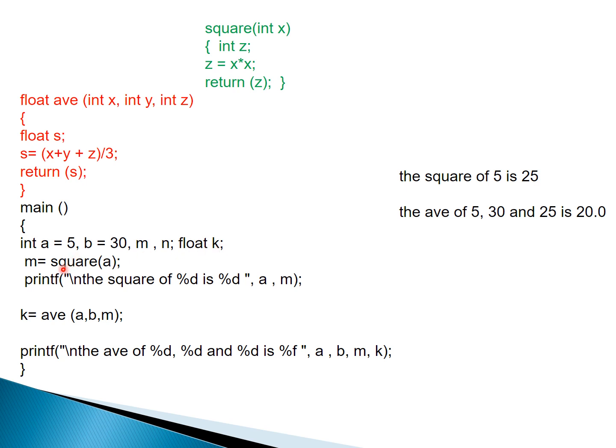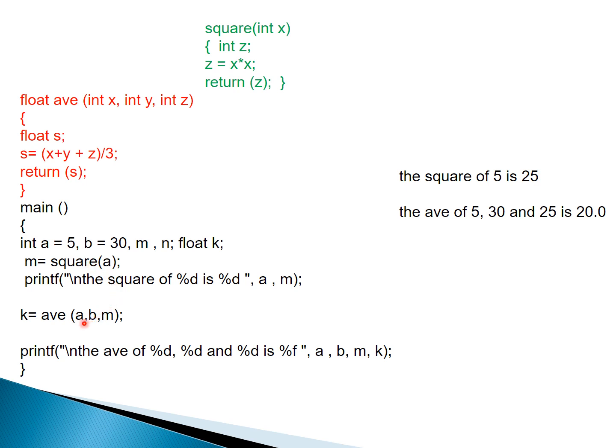So here we need to call this square again. It's the same example, the one we discussed on the previous slide. So the square of 5 is 25. For this one, the integer and integer values will be sent. Remember, the value of m is now 25 because of this function call.